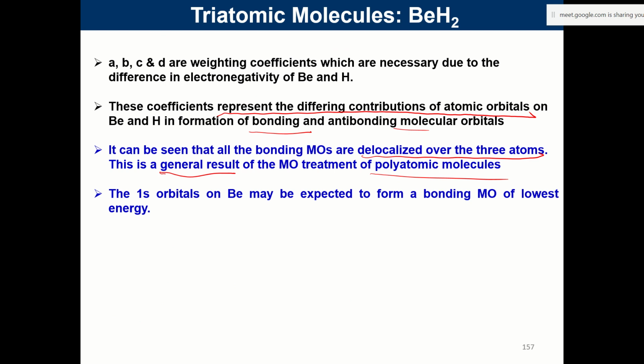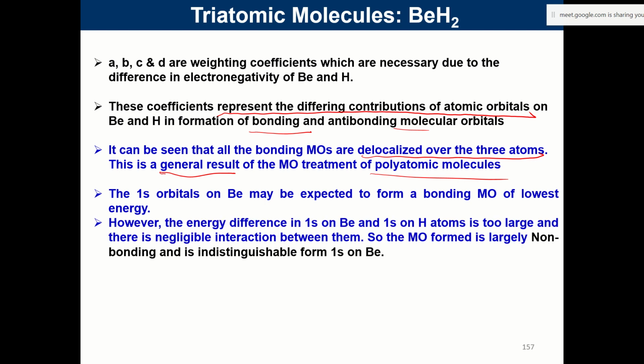ठीक है, so 1s orbitals on beryllium, okay, there's one more point. Why have we not considered 1s orbitals in this interaction?